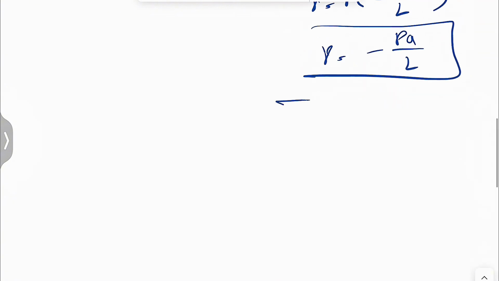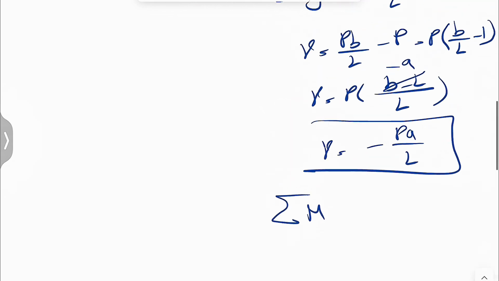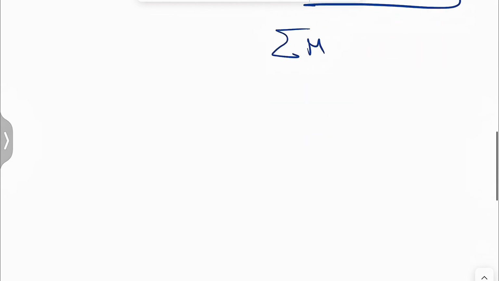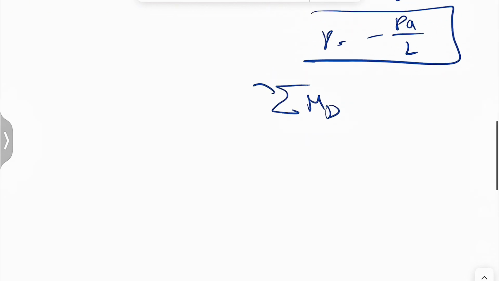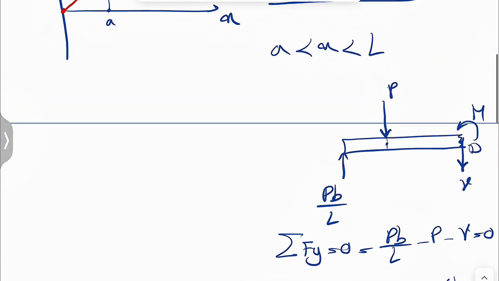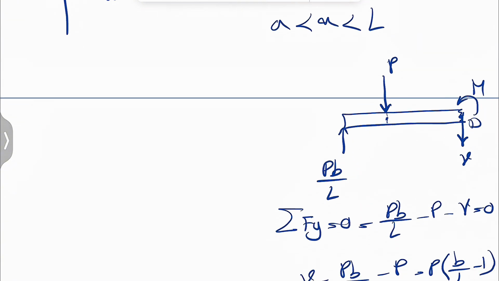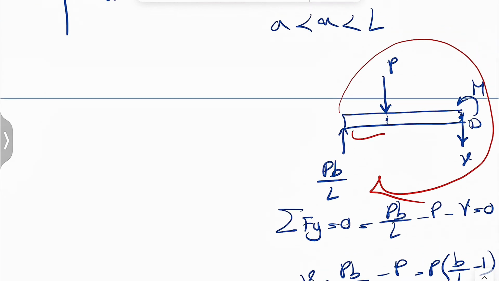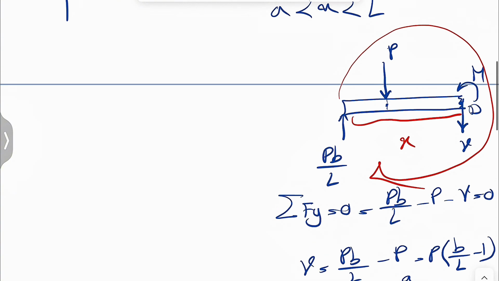And last one is our moment. We can consider again this point, whatever D may be again. So sum of moments about D, counterclockwise positive, equals 0. Let's see what we have. So we have the moment of PB over L about point D, which is clockwise, so negative PB over L, and the distance is going to be this distance where we call it X. So that's that.